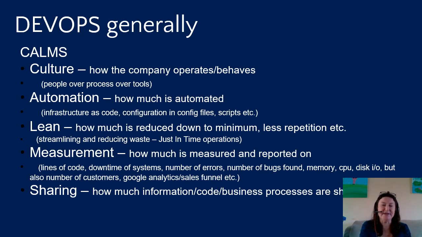Lean is the next concept. How much can be reduced down to a minimum, and how can you reduce the repetition in the system? There's a concept called DRY, don't repeat yourself. You try to make everything as modular as you can and reusable as you can, packaged as you can, reduce everything down to only saying it once for anything, so that you don't have to keep repeating it.